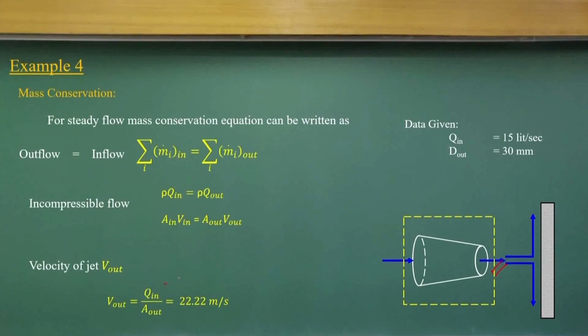Based on that, the velocity of the flow going out from the nozzle, using area proportionality, will be 22.22 meter per second. This is V out, because as you reduce the diameter of the nozzle, you will have more velocity. That is the concept.